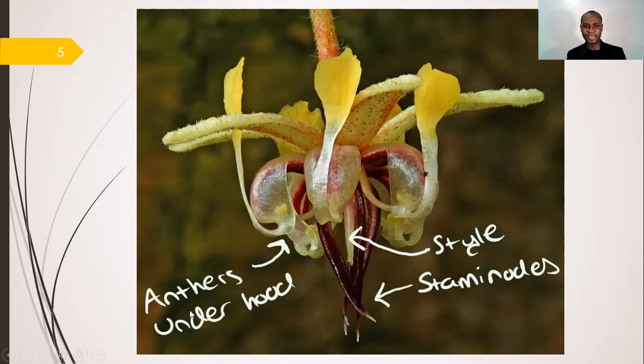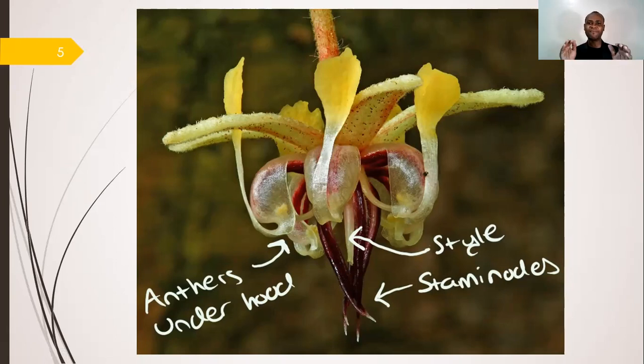And if you check here, the anther, which is the middle strata, is covered by a hood or by the petals. And this makes it nearly impossible for the pollen grains from here to travel all the way to this place, because there's a lack of exposure between the male part and the female part.